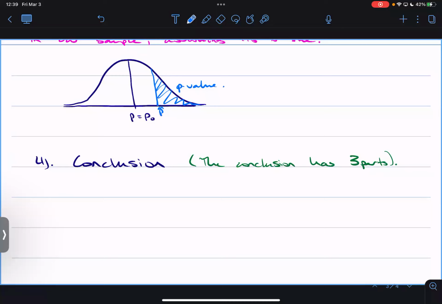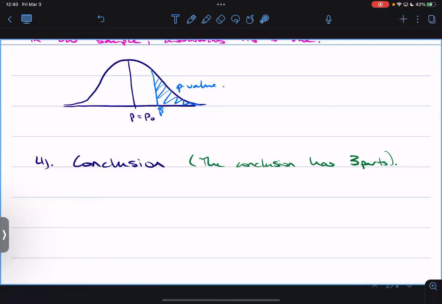Okay. So how it's going to go is that if the p-value, so if this probability of seeing something as extreme or more extreme is small enough, meaning that your p hat is really far away from your p naught, then that's evidence against the null hypothesis.